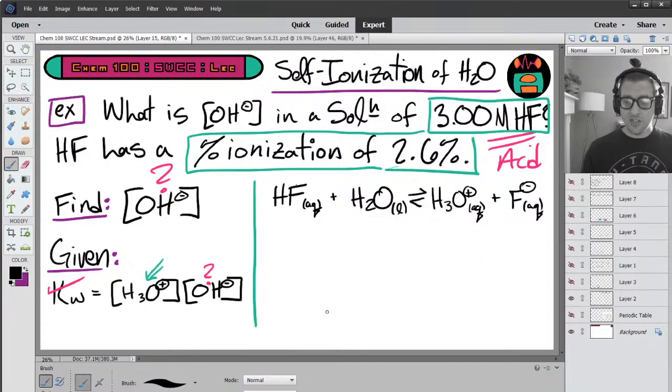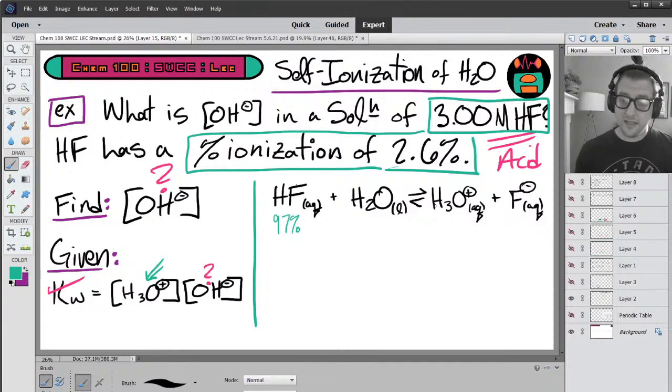And this ionization constant means that 100 minus 2.6% means that 97.4% of our HF is going to remain associated.